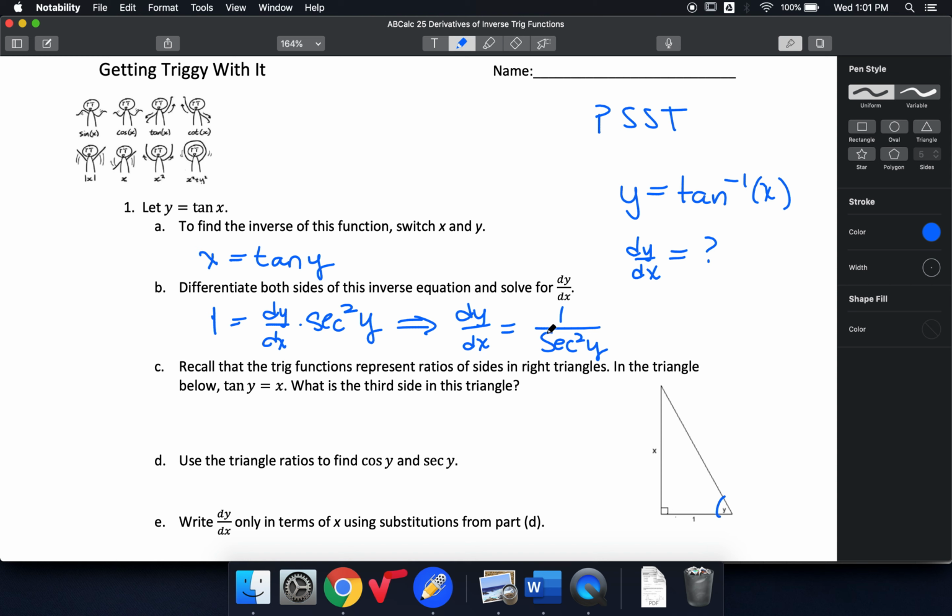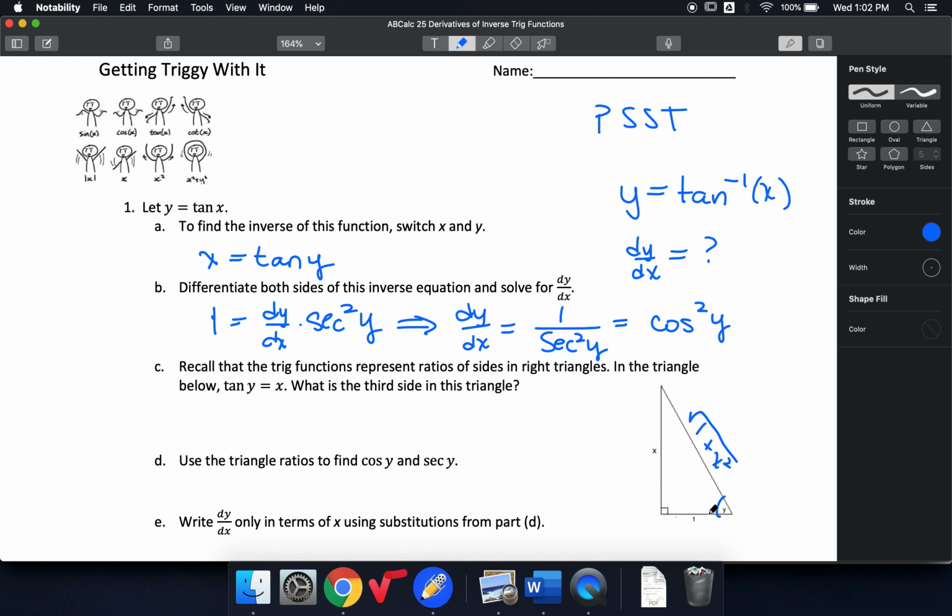If I think about secant y, well, 1 over secant squared y is the same as cosine squared y. Well, the cosine of y is going to be 1 over whatever this third side is, and I can figure this out by using the Pythagorean theorem. I know the length of this side is going to be the square root of 1 squared plus x squared.